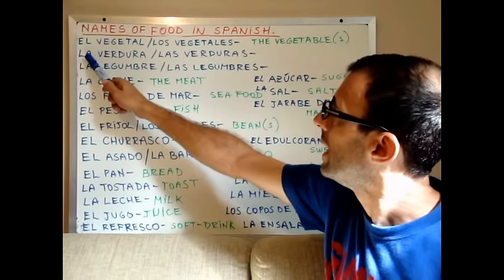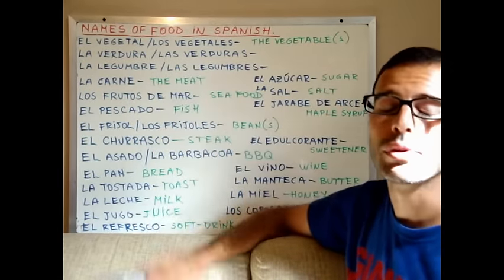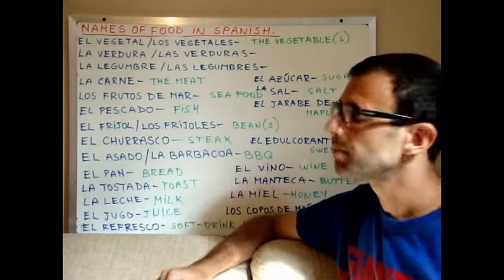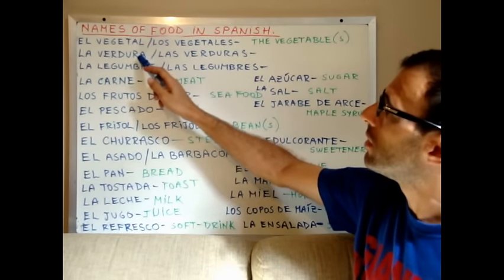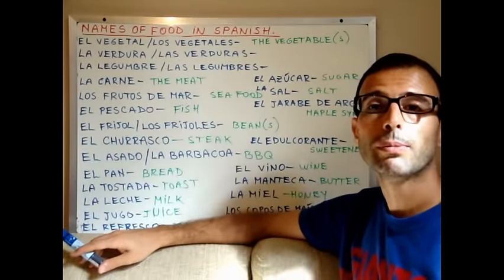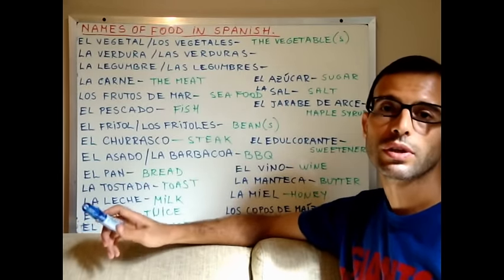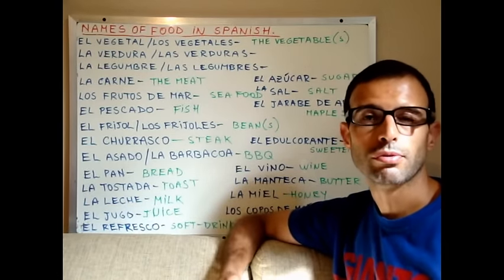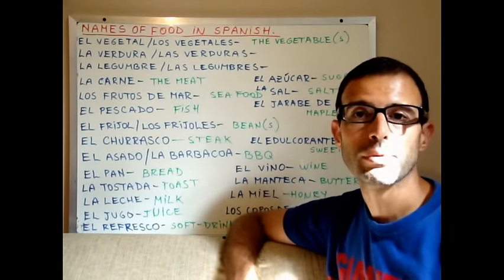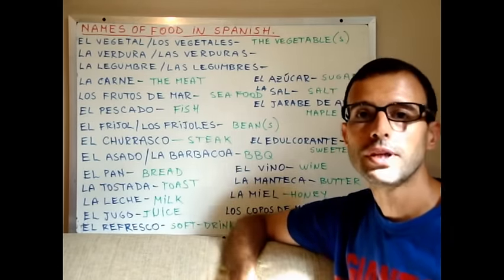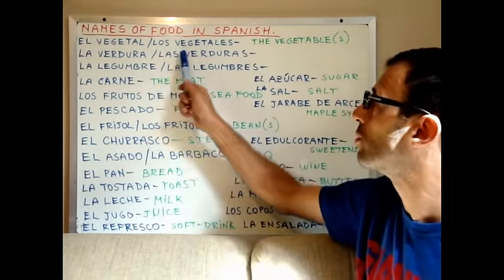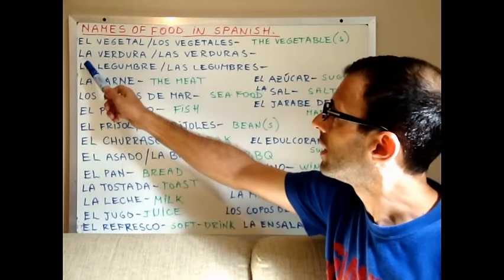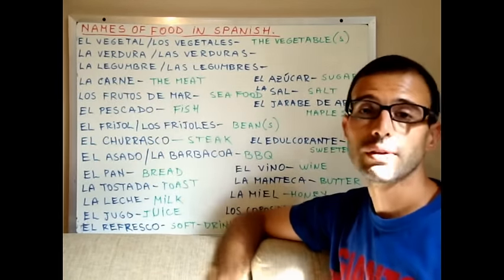Then we have la verdura or las verduras for the plural. These are also vegetables, but it's not so broad in its meaning, because this does not include the fruits. When we talk about verduras, we don't mean the sweet fruits we use for dessert, like apples, oranges, plums, peaches. Then we have another category, even smaller, legumbres, or la legumbre for the singular.